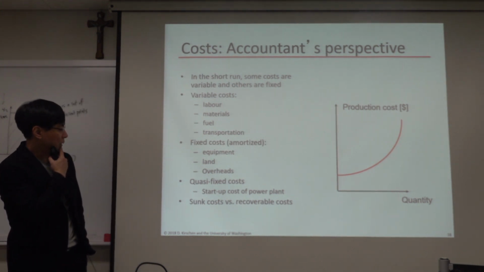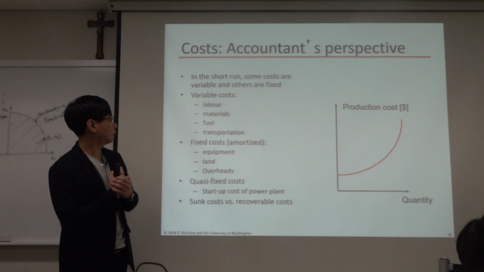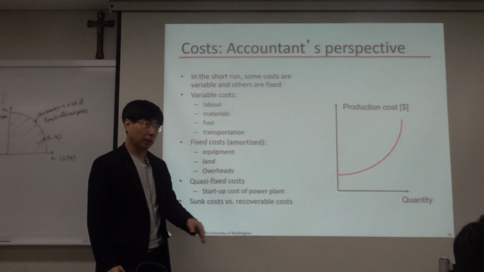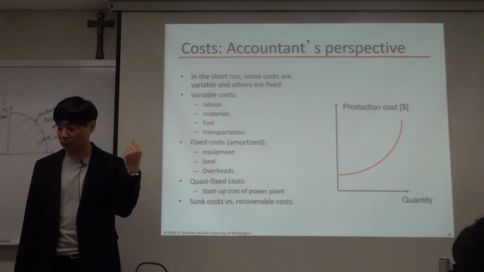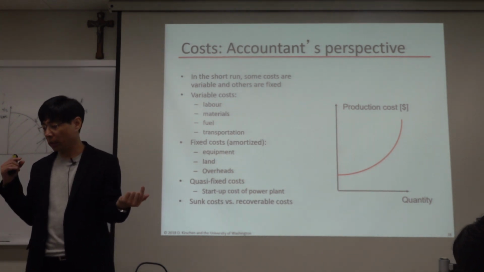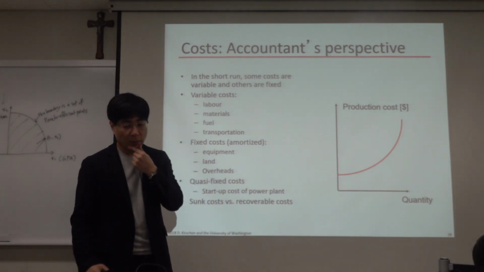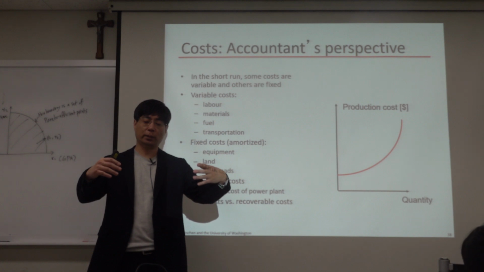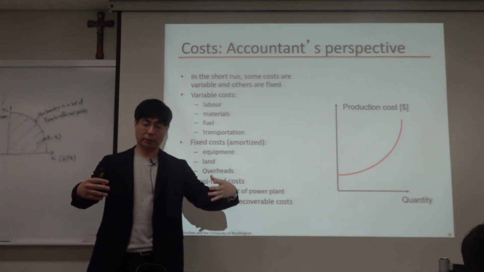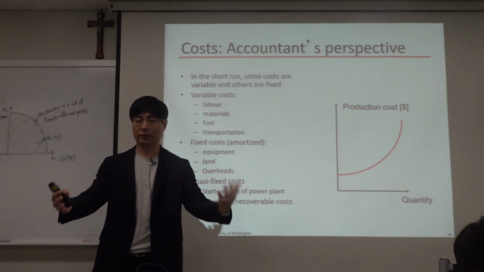And other types of costs are sunk cost versus recoverable cost. So the cost can be divided into either sunk cost or recoverable cost. First, the recoverable cost means that suppose that you want to build a power plant or a production facility, so you need to buy land first.